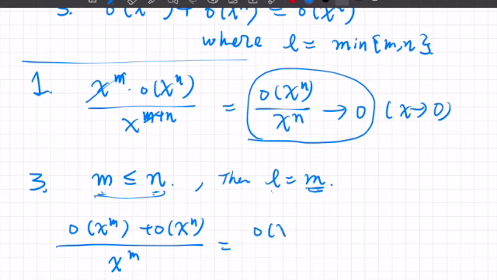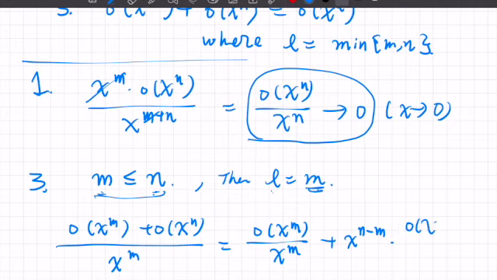This can be split into the sum of little o(x^m) over x^m, and x to the power of n minus m times little o(x^n) over x^n. Now, since m is less than or equal to n, n minus m is positive or 0.